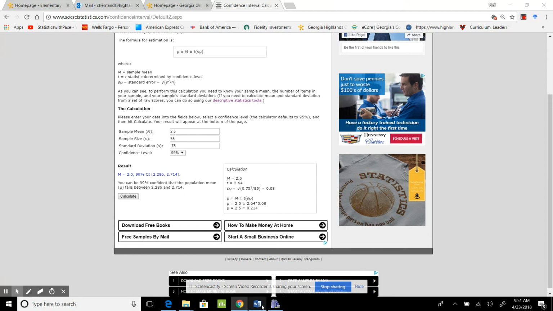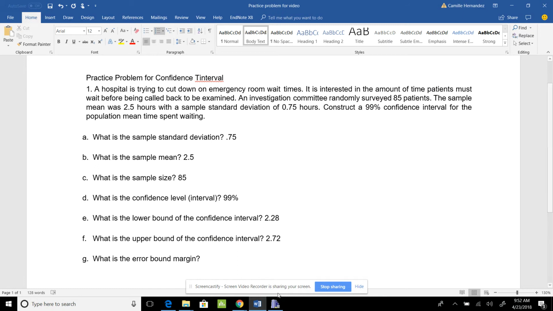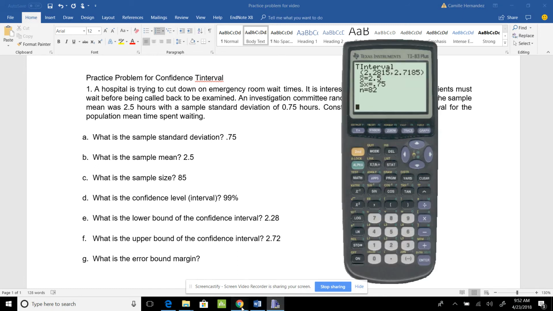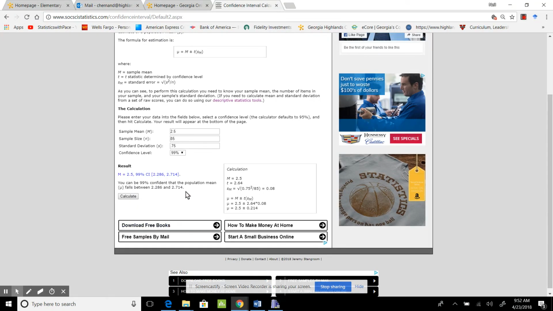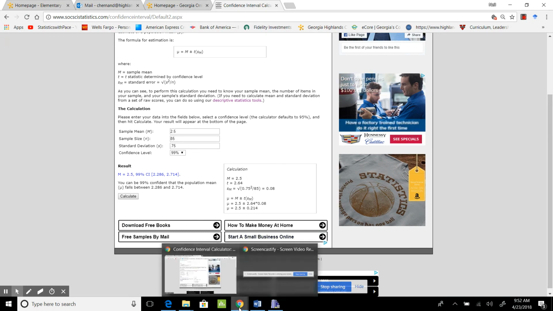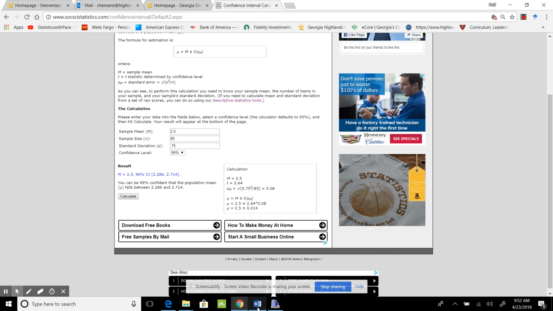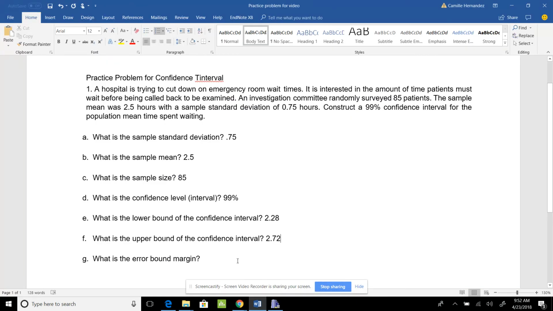It's very, very similar to what I got on the calculator. Our upper bound is a little bit different, but basically what you're going to be doing on the homework is multiple choice, so you won't have to worry about putting in exact values. On the test, you might have to, but there'll be some room for rounding. So I can make it consistent for all of these.